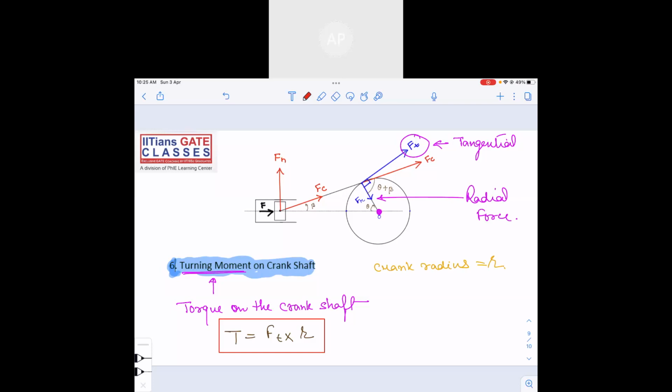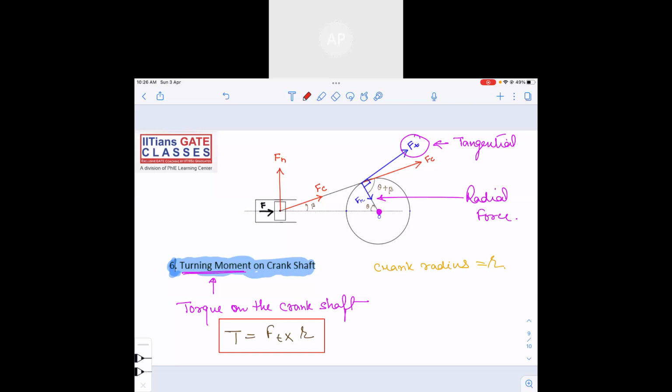It is the turning moment because of the tangential force Ft that is transmitted to the shaft, and through your transmission mechanism, gearbox and transmission shafts, it is transferred to the wheels, which actually drive your vehicle.